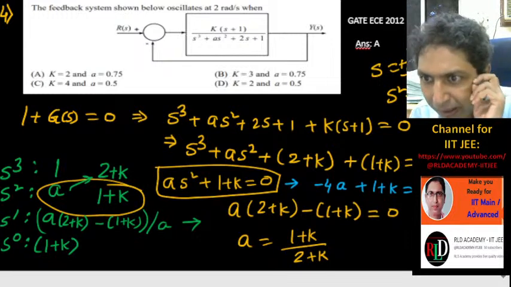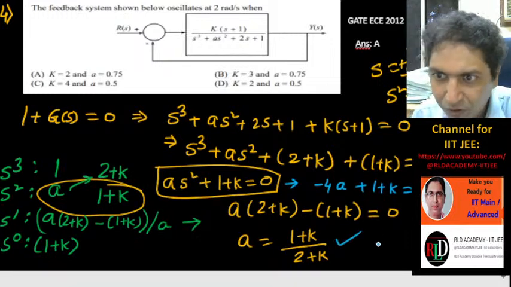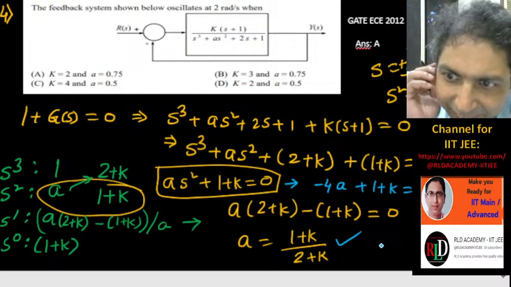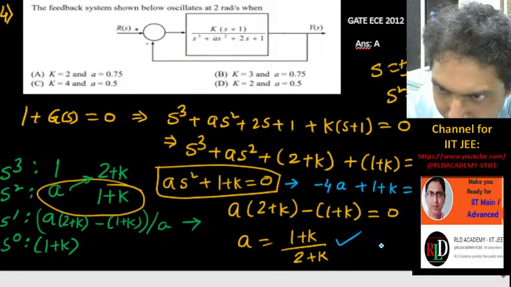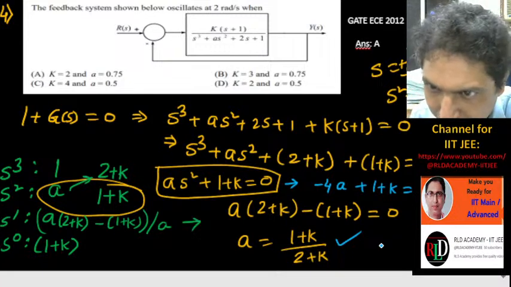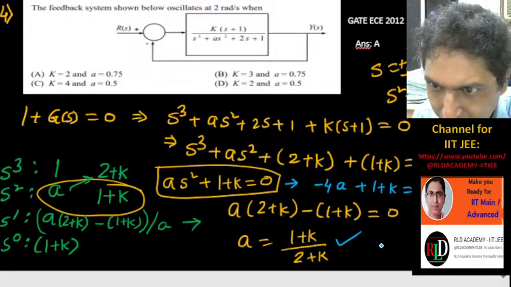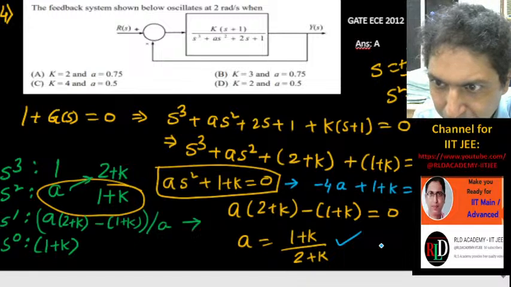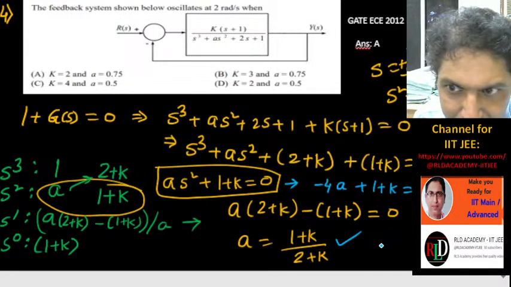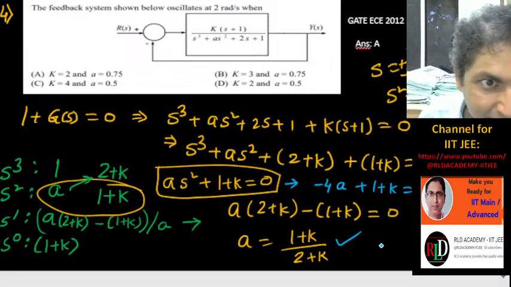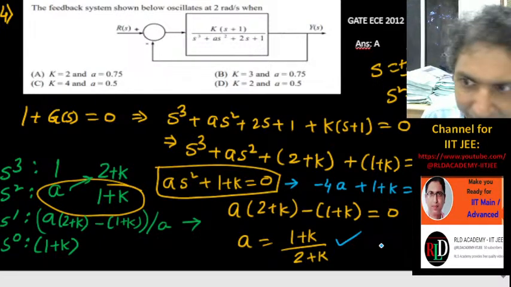Okay. Now this equation and this equation, can you solve? Can you find a and k? Anybody? Is it fine? Everything? Can you solve these things? Can you find a and k?